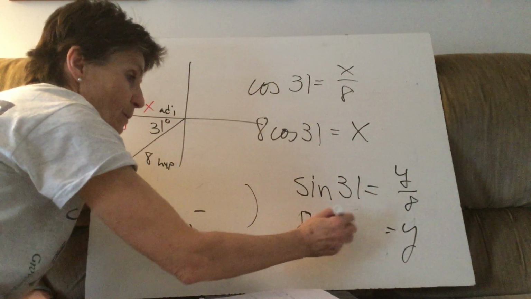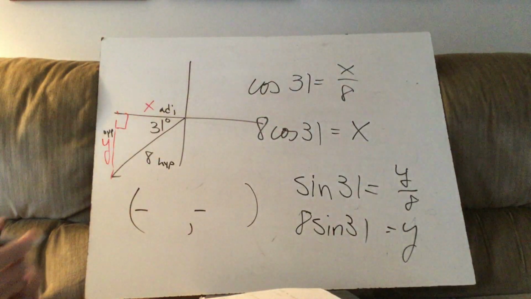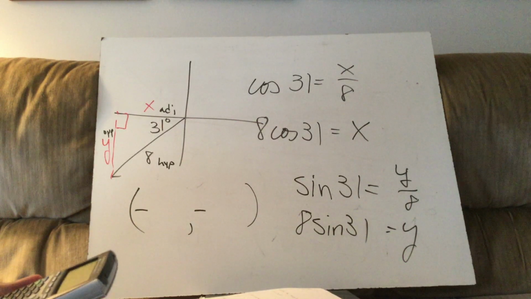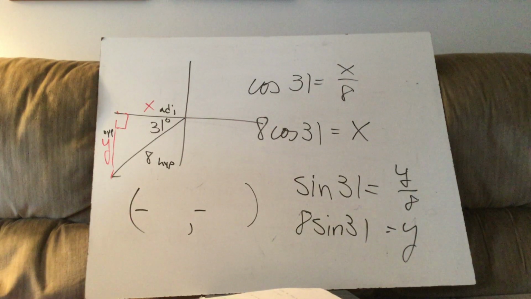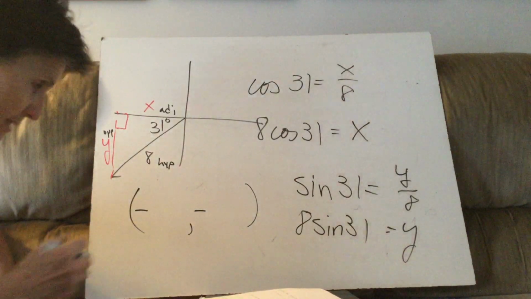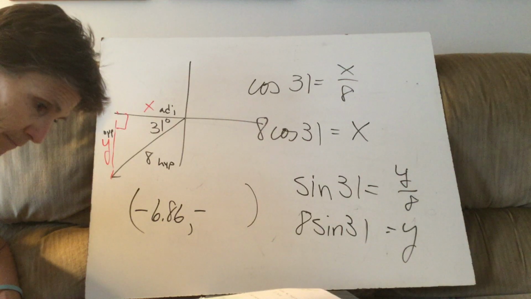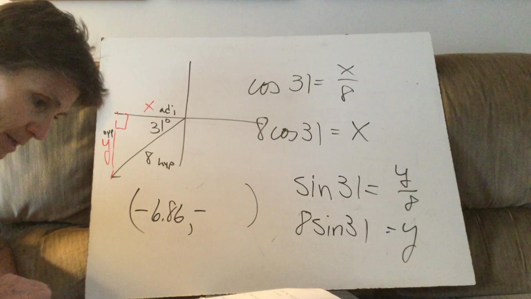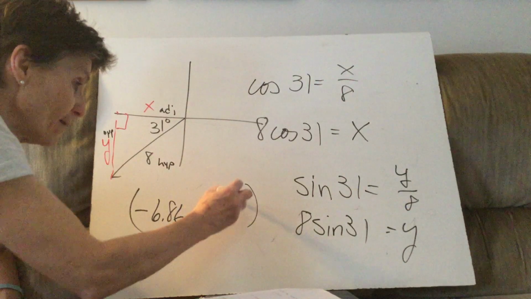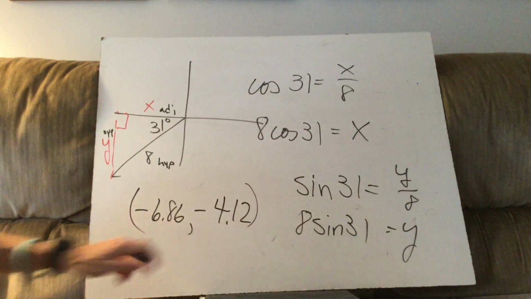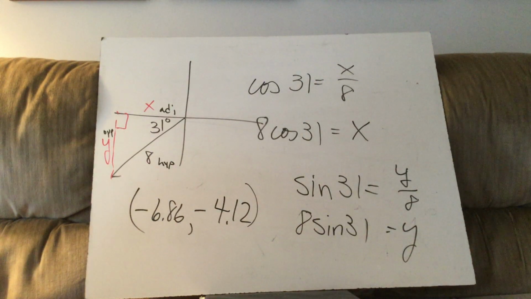So 8 sine 31. So I'll type them in on my calculator and see what I get. Hopefully I get the same thing you do. 6.86 for x and 4.12 for y, and those are both negative. So this is my final answer to that problem. They're both negative because I'm in quadrant 3.